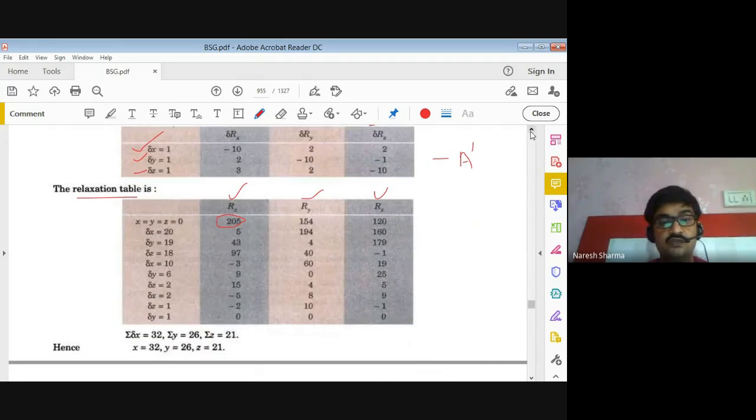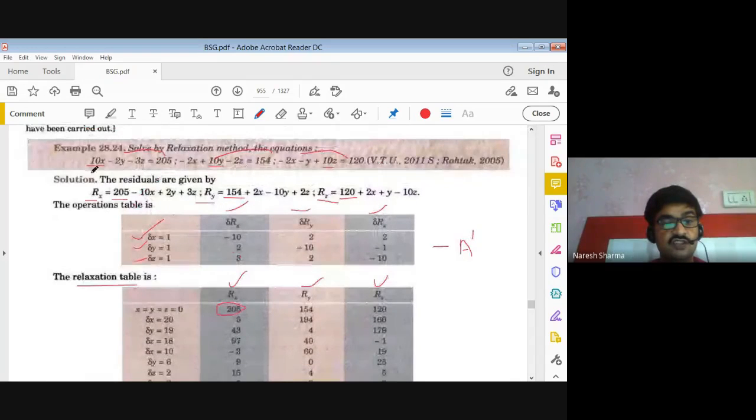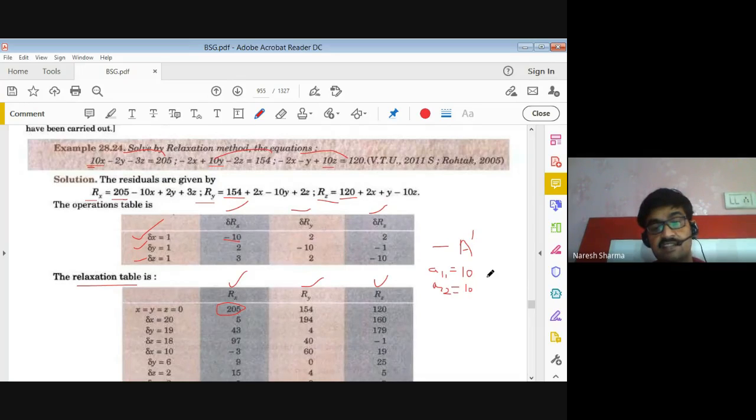One more thing you need to check: A11 is 10. Here it is written as minus 10, but the value of A11 is 10. Similarly, the diagonal element A22 is 10, and A33 is also 10.